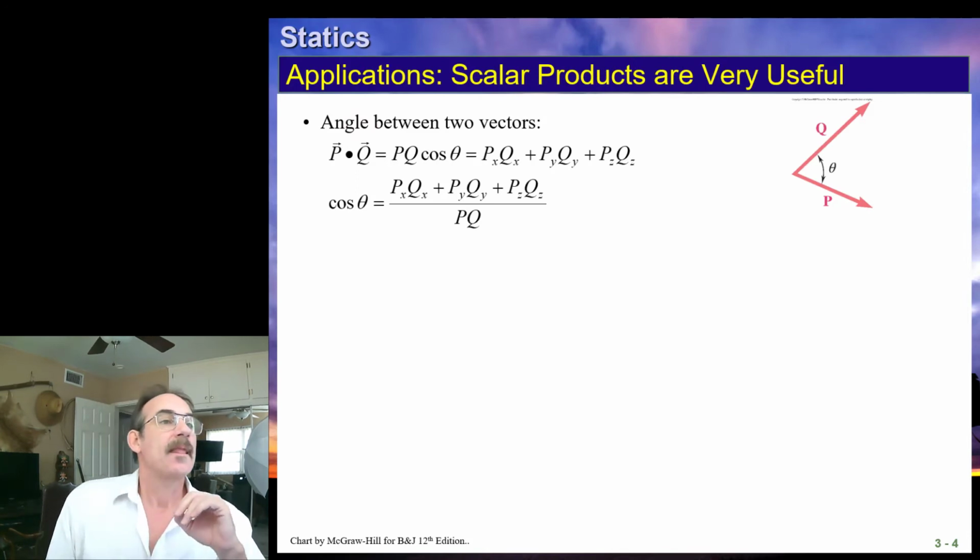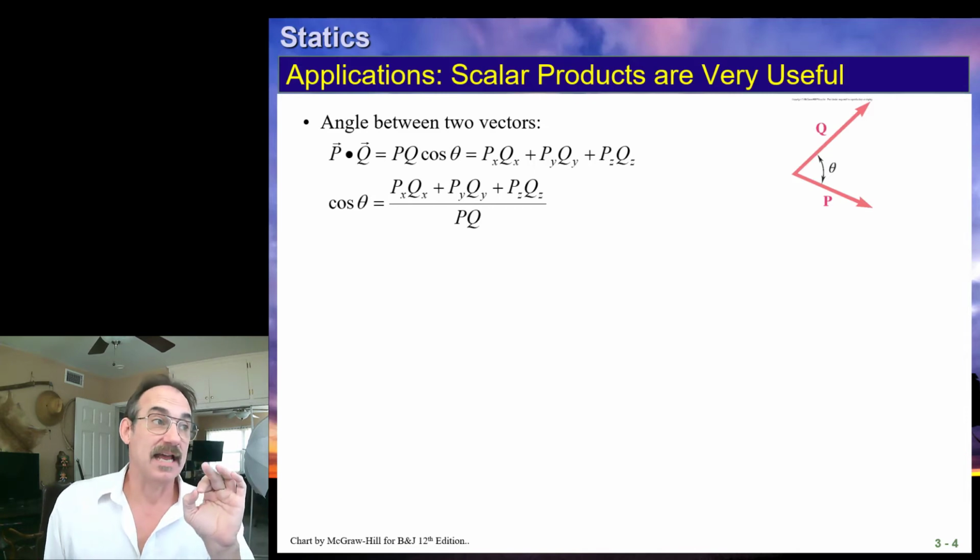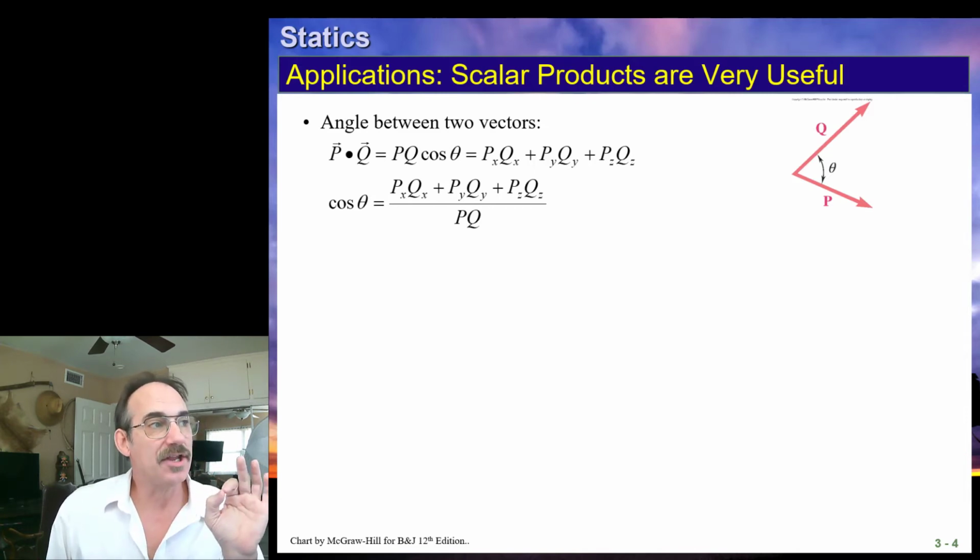Okay, so we're going to find out that this is very useful for a number of things, as I keep telling you. So P dot Q is PQ cosine theta, which is PX QX plus PY QY plus PZ QZ. Now, if we take this piece and bring it down here, then we get this equation.